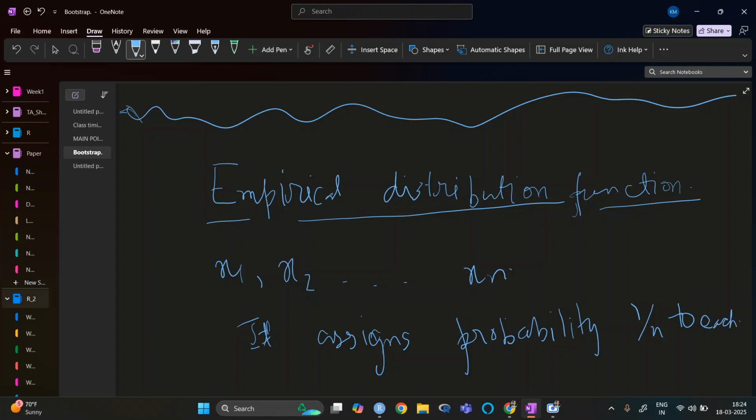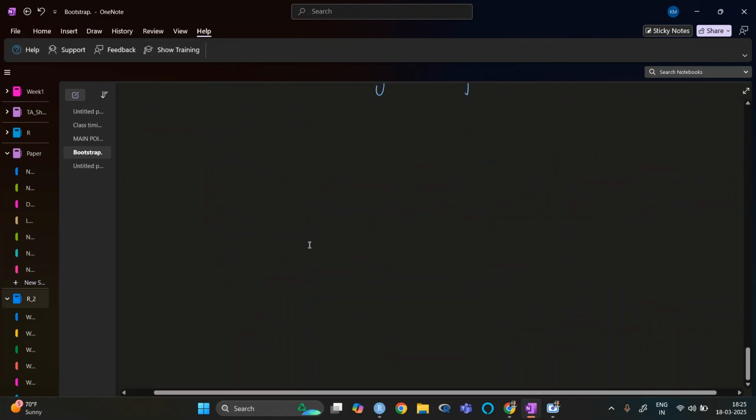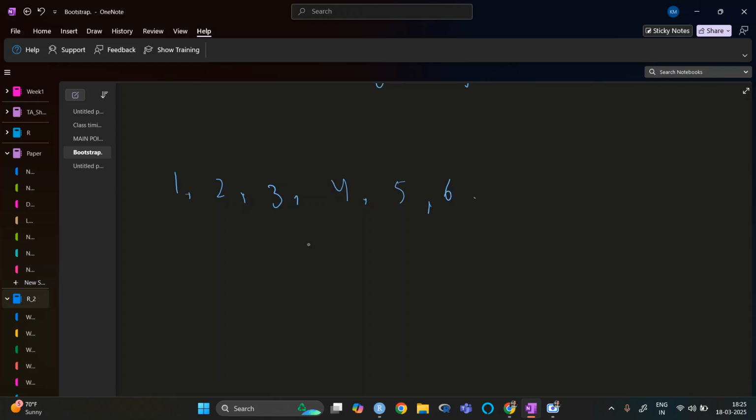If you roll a die 100 times, the possible outcomes are 1, 2, 3, 4, 5, 6. If xi is equal to k, then its probability is the count divided by n.